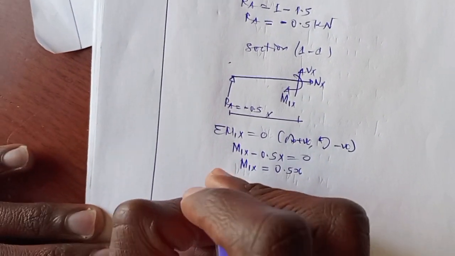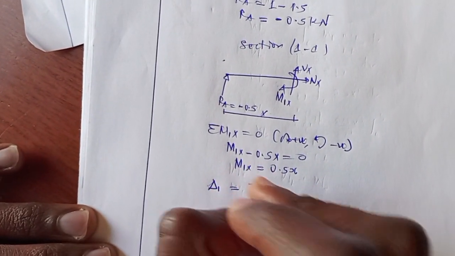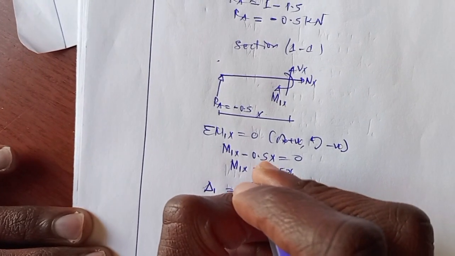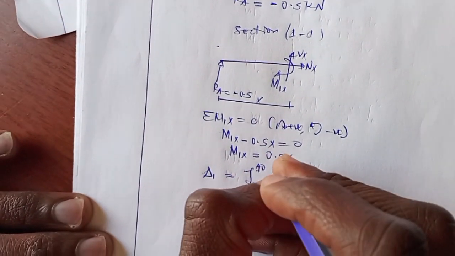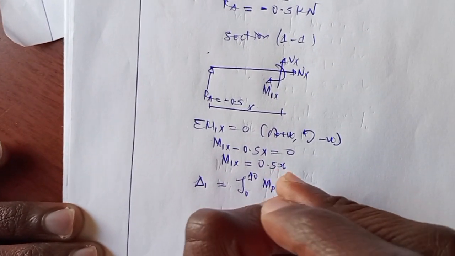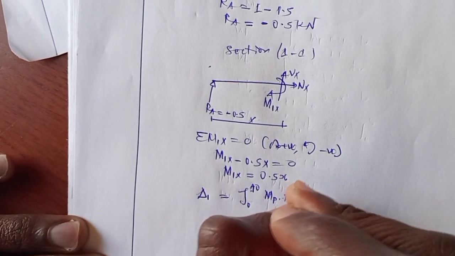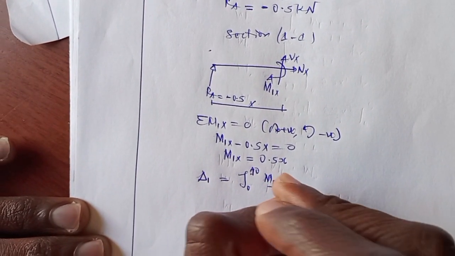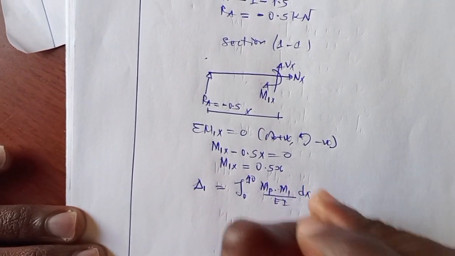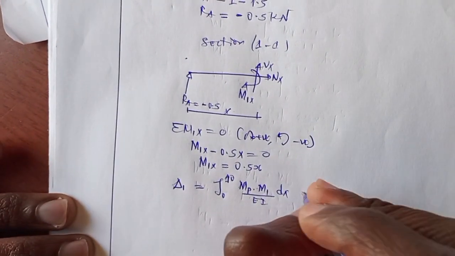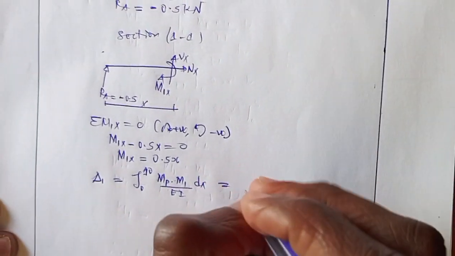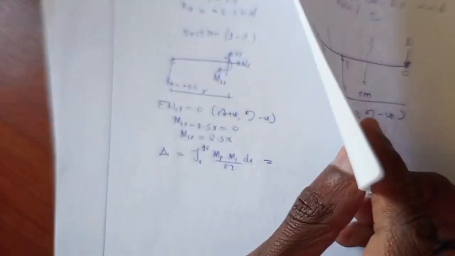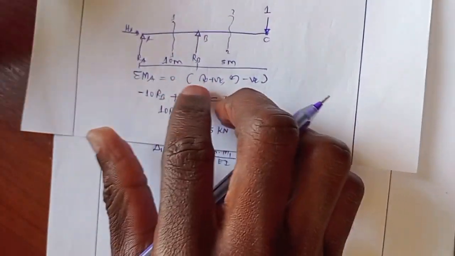Now deflection for section 1 will be from 0 to 10. Moment due to applied load for section 1 times moment due to unit load for section 1 over EI dx. Moment due to applied load for section 1 was this one.